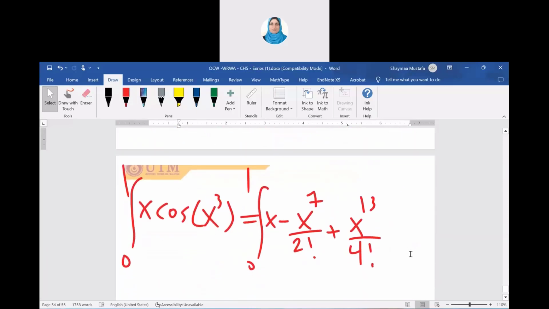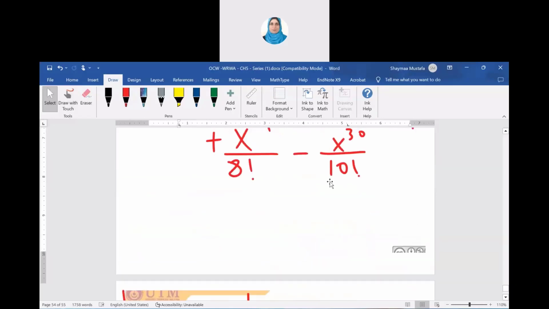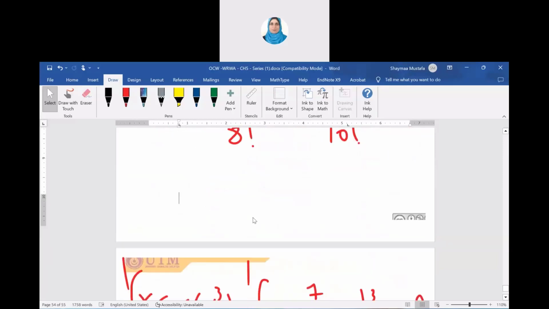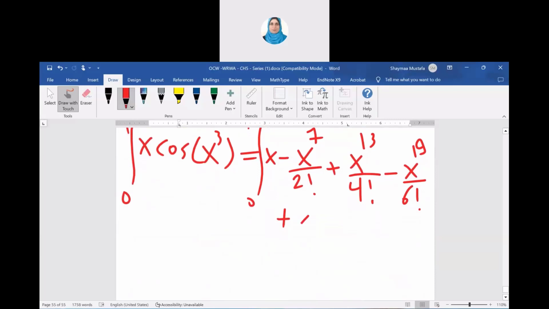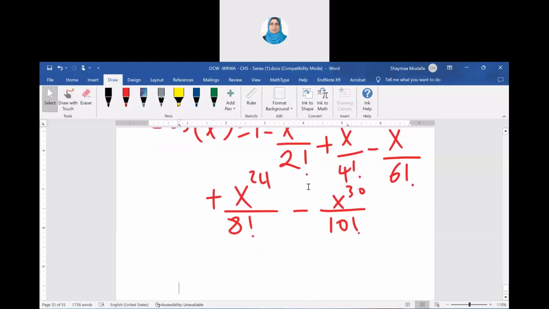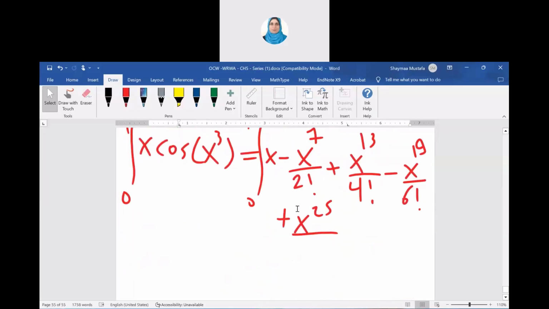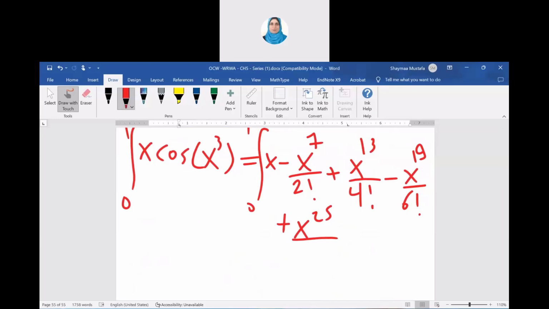Here also multiply by x, so minus x to the power 19 over 6 factorial plus, multiplied by x, so x to the power 25 over 8 factorial, minus x to the power 31 over 10 factorial dx.